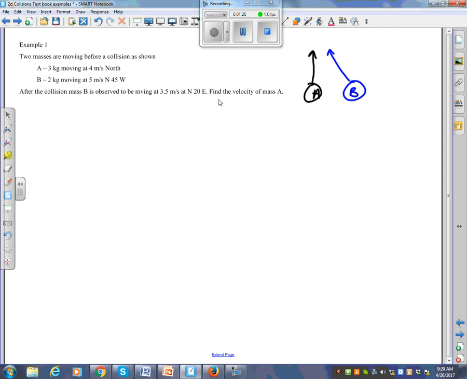So after, this is the after, B is going, this is B, make it a bit bigger, at north 20 east. So it's going like this. So which direction is A going to be going? It's going to kind of be going something like that, right? Ish, as you kids like to say.